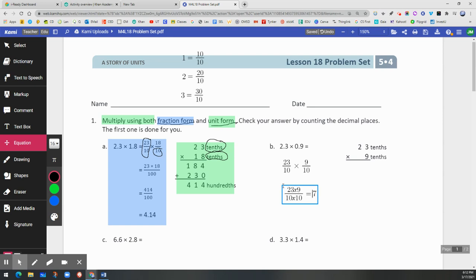You carry 2 over to the tens. 9 times 2 equals 18 plus 2 equals 20. So 23 times 9 equals 207. Okay, let me check one more time. 9 times 3 equals 27. You carry 2 over. 9 times 2 equals 18 plus 2 equals 20. Yes, that's correct. So 10 times 10 equals 100. Okay, so there is our fraction.